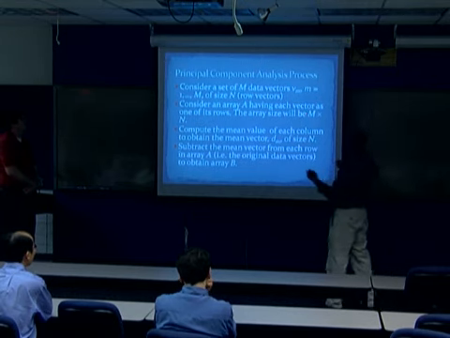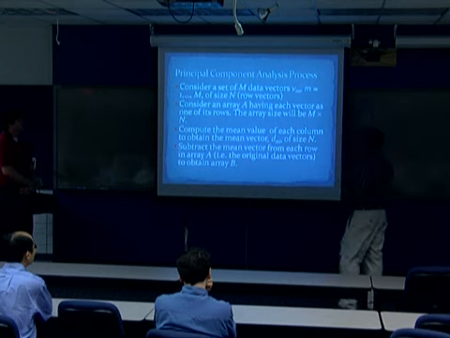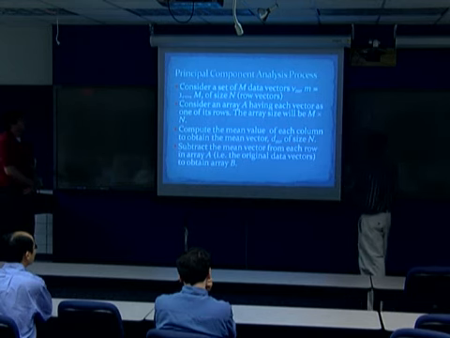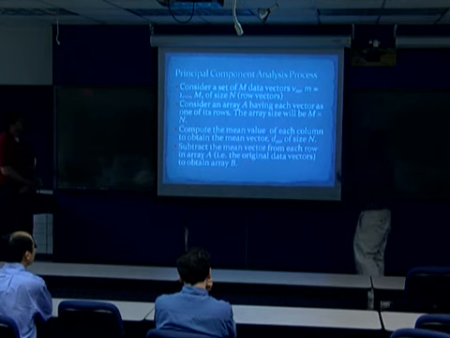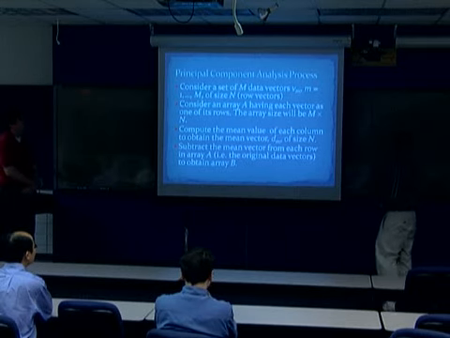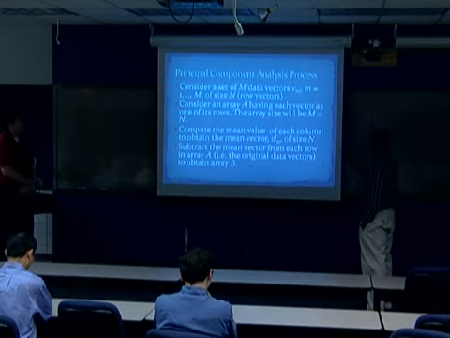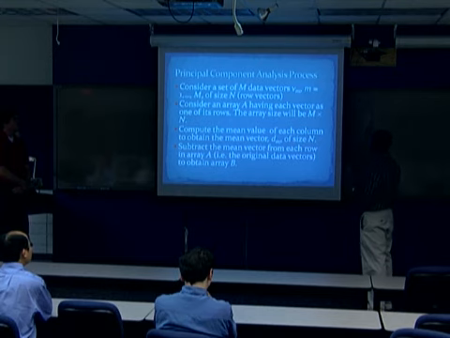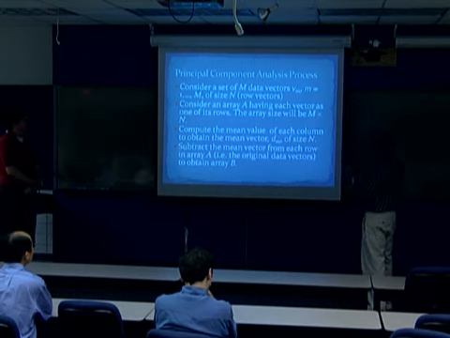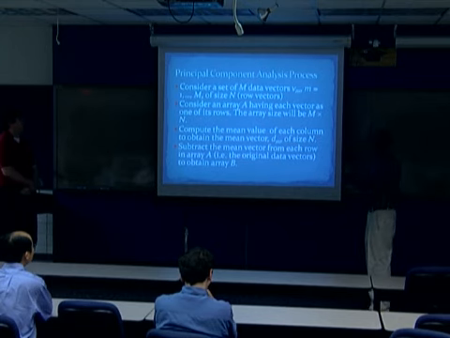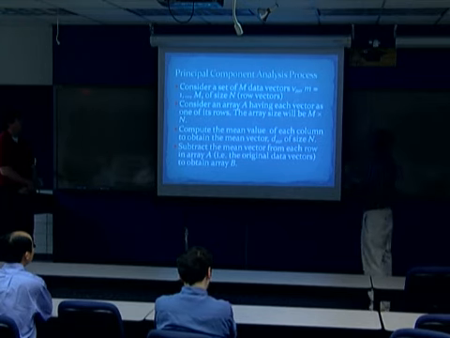After you get this data, you consider an array having a size of m by n. After that, you compute the mean value of each column to obtain the mean vector. Then you subtract your mean from the original data to get your adjusted data.